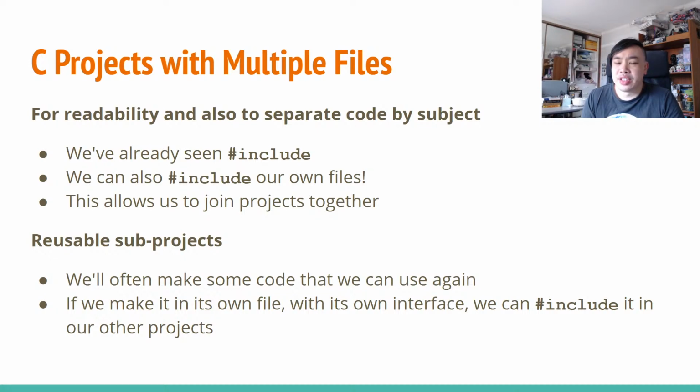So I could have a file that says, this file manages characters and the statistics of characters in, say, a computer game, like a game of Avatar or something like that. And the nice thing about that is I could plug that character file into multiple different projects.